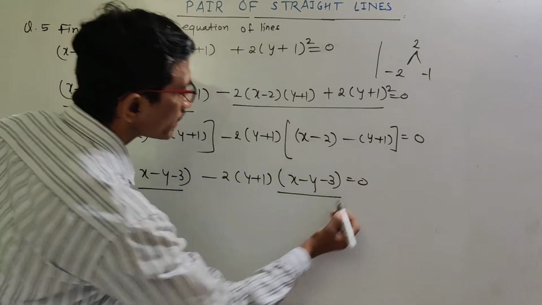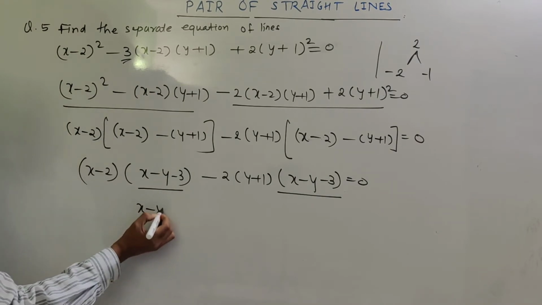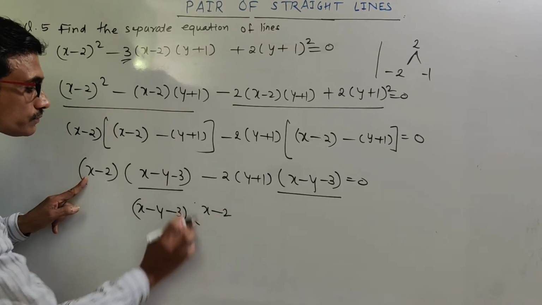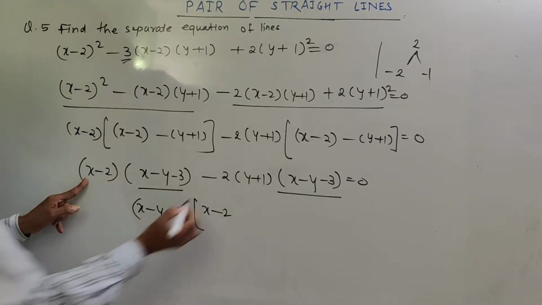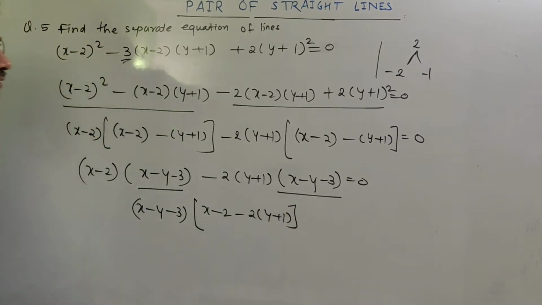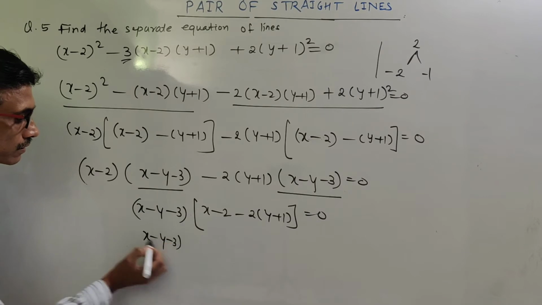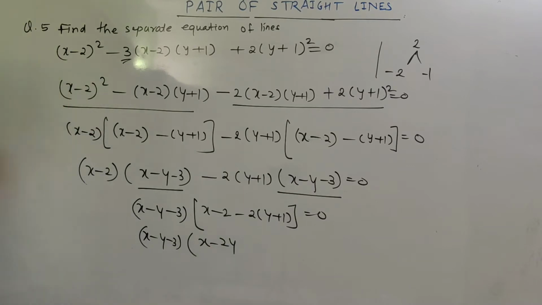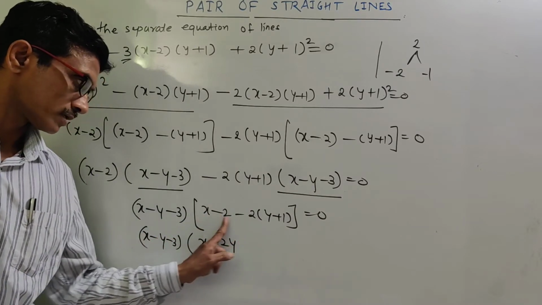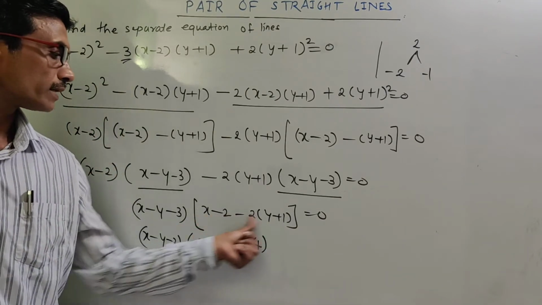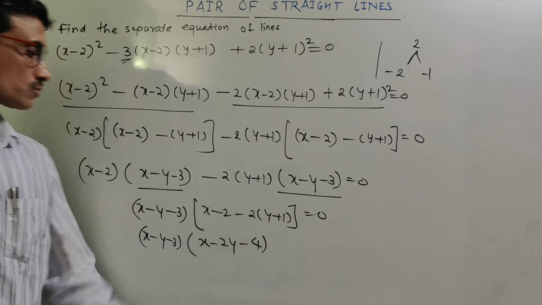So that we are getting joint equation x minus y minus 3 into x minus 2 and here this is left, that is minus of 2 times of y plus 1 is equal to 0. So that you will be getting x minus y minus 3 into x minus 2y, this minus 2 and this minus 2 will be minus 4, x minus 2y minus 4.